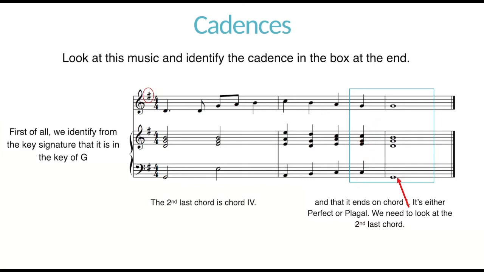Here. We see that that second last chord there is chord 4. It's the chord of C, and in the key of G, chord 4 is C. We're going from chord 4 to chord 1, and that's a plagal cadence.